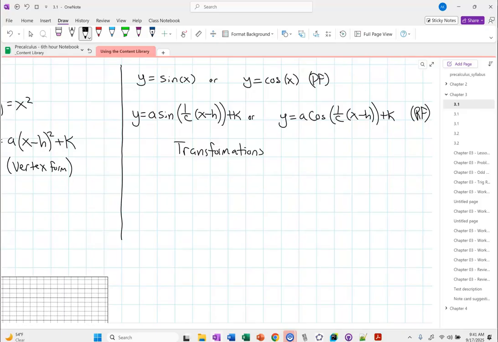So there are 4 basic types of transformations. Does anybody remember any of the 4? Shifts. So shifts we call translations, so you can shift up and down, left or right, that's a translation. You said compresses, so that's a type of dilation.